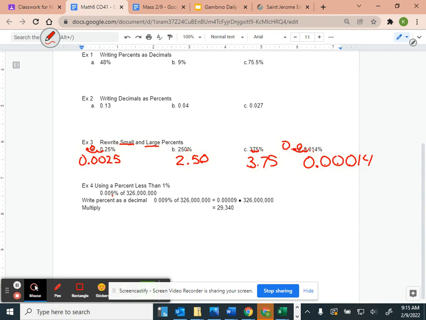We multiply those two together and we get 29,340. Okay, so just take it one step at a time. We know how to multiply two numbers together. We know how to multiply that decimal. So convert your percentage to your decimal and then do your multiplying. Can we use calculators? Yes. Okay, we're in 6th grade now. We're getting into the bigger numbers. Calculators are our friend.